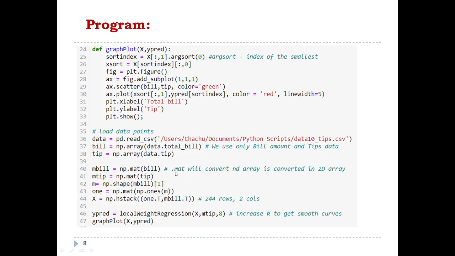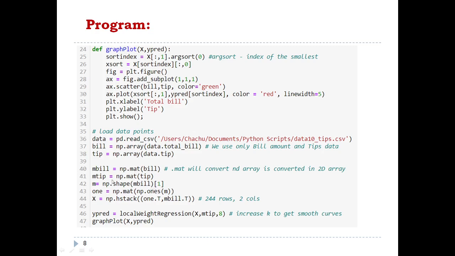Then we'll call .mat, which will convert this ND array into a two-dimensional array. The bill amount and the tips amount we convert into a two-dimensional array in matrix format.